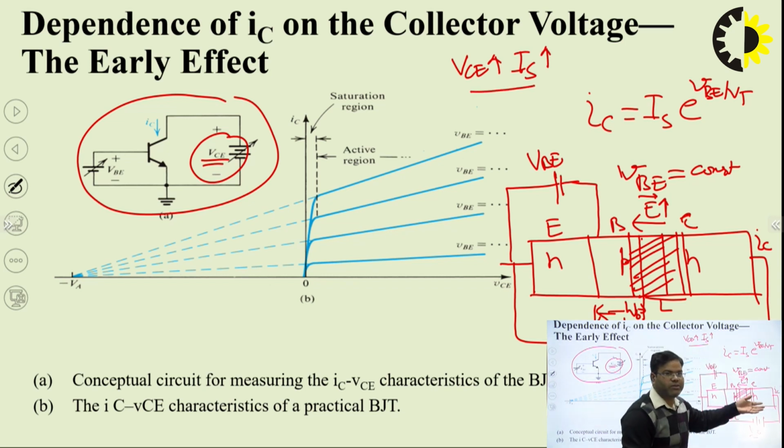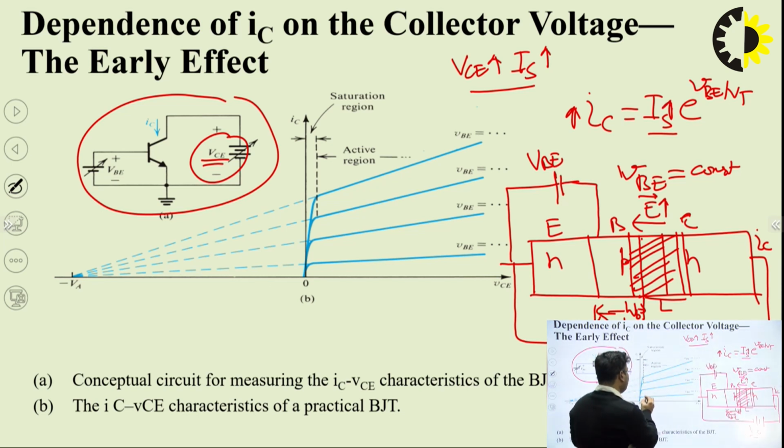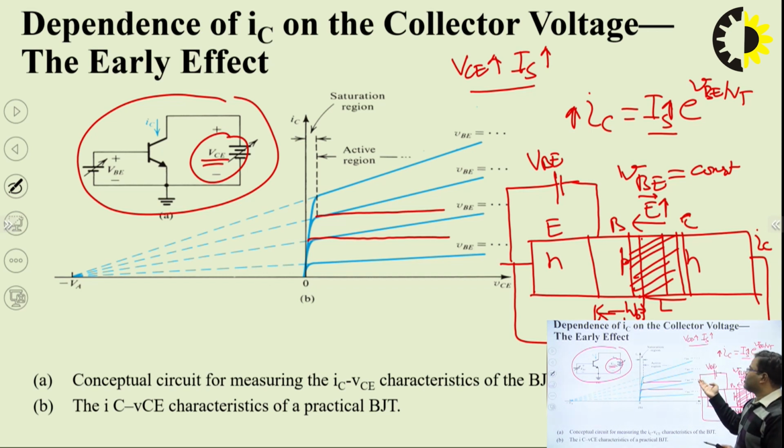If IS increases, maybe the value of IS is very small, but if IS increases, IC will also increase. So, because of base width narrowing, instead of a flat characteristic curve, we are having some slight increment in the value of IC with increasing VCE.